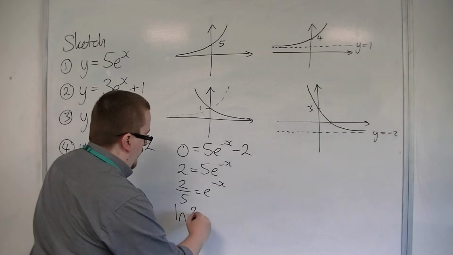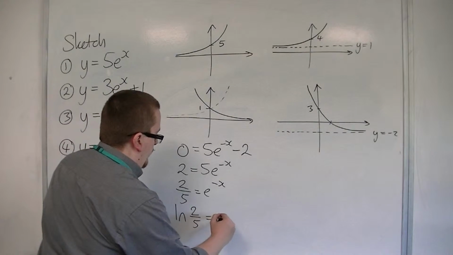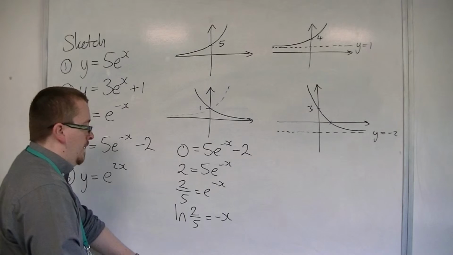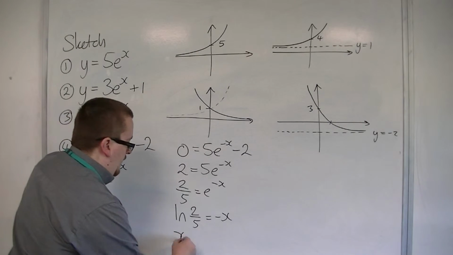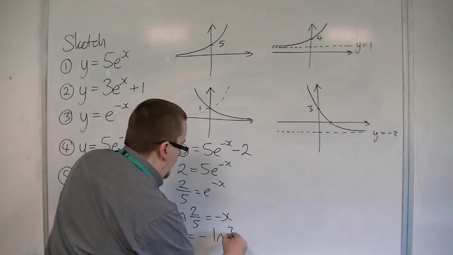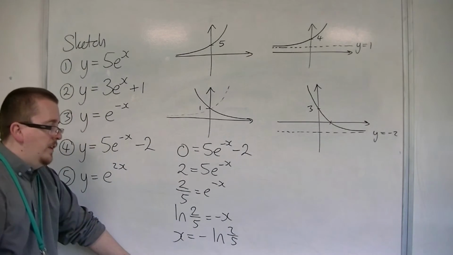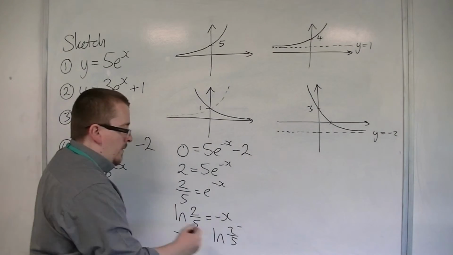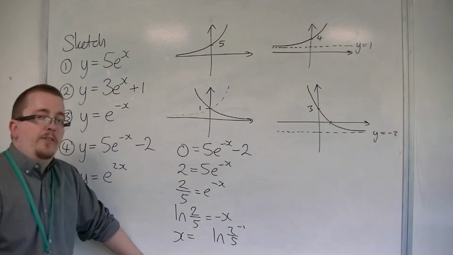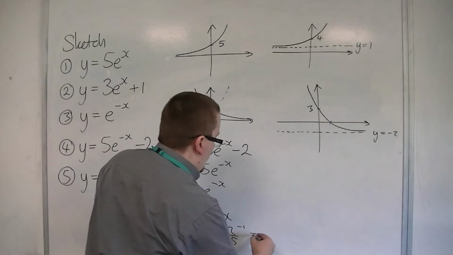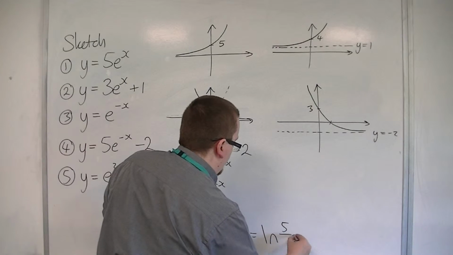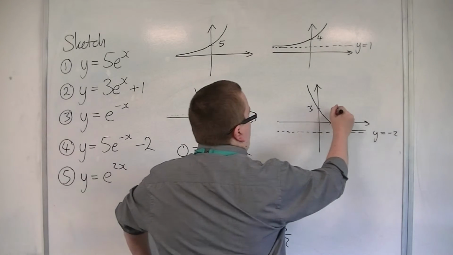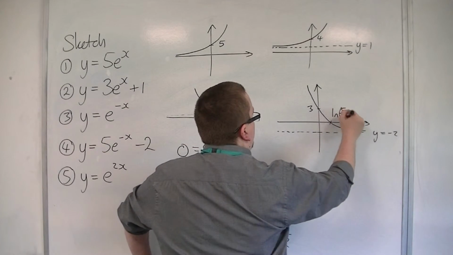So log of 2/5 is equal to minus x. So that means that x is equal to minus log of 2/5. Okay? Now that minus sign can be brought up there, so minus 1, so it's 2/5 to the minus 1, so that'd be log of 5/2. So this is log of 5/2 there.